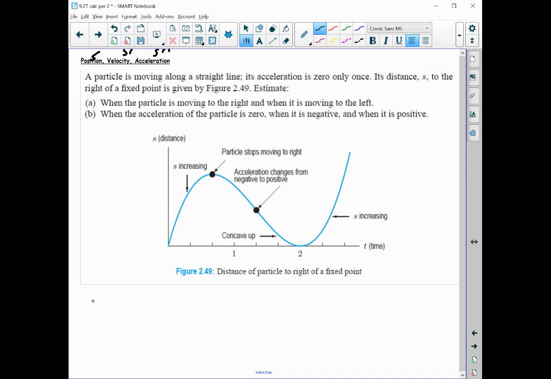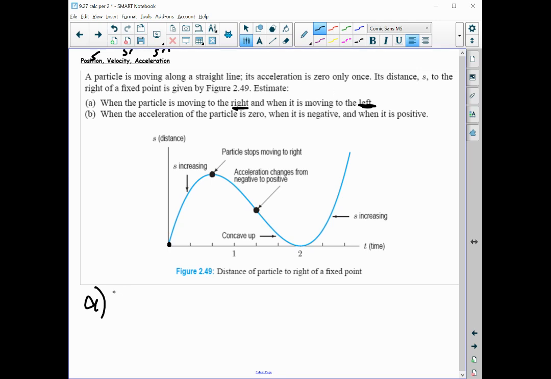If I want to know when my function is moving to the right and moving to the left, looking at this, if this is my function's distance, I can see here at time 0, it's at a distance of 0. And then by time 0.6, we're at a distance further away from 0. So my distance is increasing, and then my distance is decreasing, and then my distance is increasing. We're going to be moving right anytime the distance is increasing, and moving left anytime the distance is decreasing.